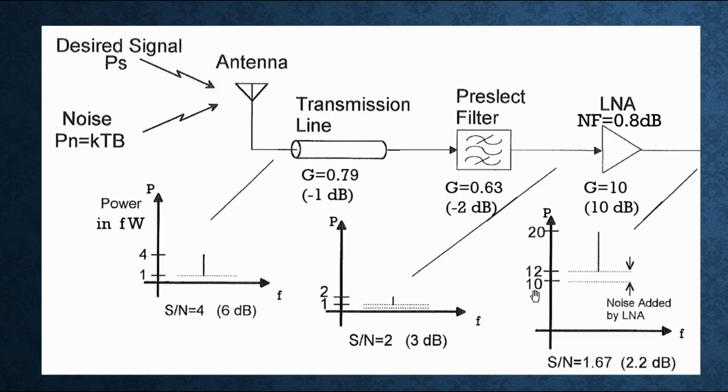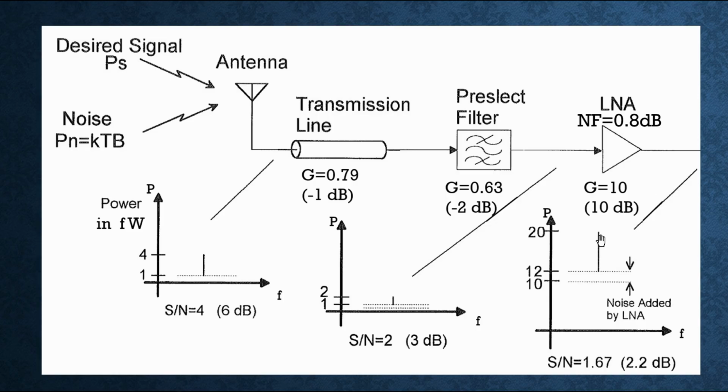Let's see why. Well, we got 1 femtowatt of noise. We amplify it by 10. We get 10 femtowatts of noise. But the LNA itself adds about 2 femtowatts of noise from its circuit components, which we're going to talk about coming up. And so the net noise is now 12. The net signal power is 2 times a gain of 10, which is 20.